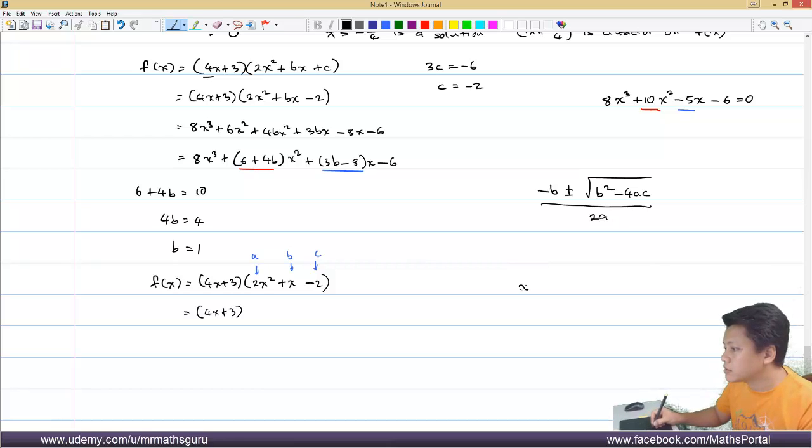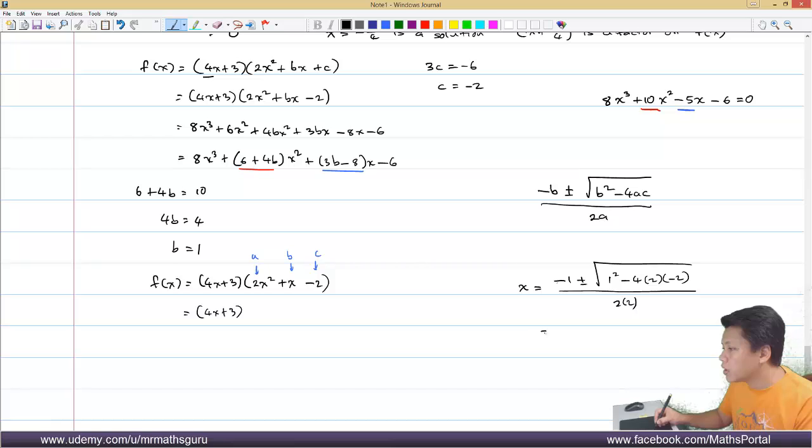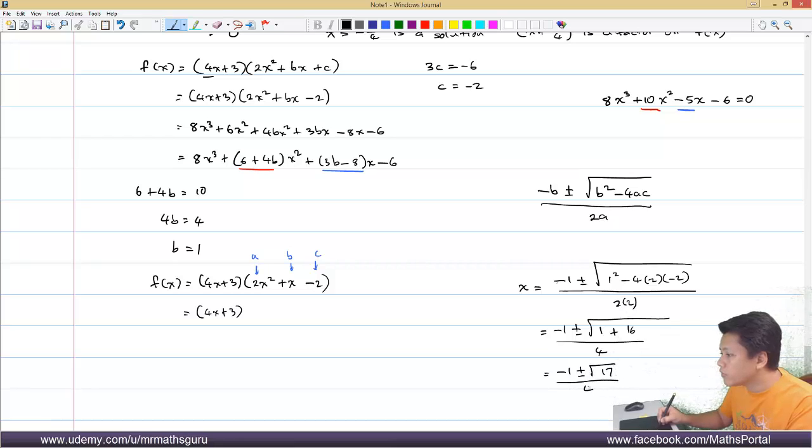So x can be minus b, which is minus 1, plus minus square root of b squared, which is 1 squared, minus 4 a c, c is minus 2, over 2a. 2a is 2 times 2. Minus 1, plus minus b squared is 1. Minus and minus become plus 16. Okay, 4 times 2 is 8, 8 times 2 is 16, over 4. So that is equal to minus 1 plus minus square root of 17 over 4.